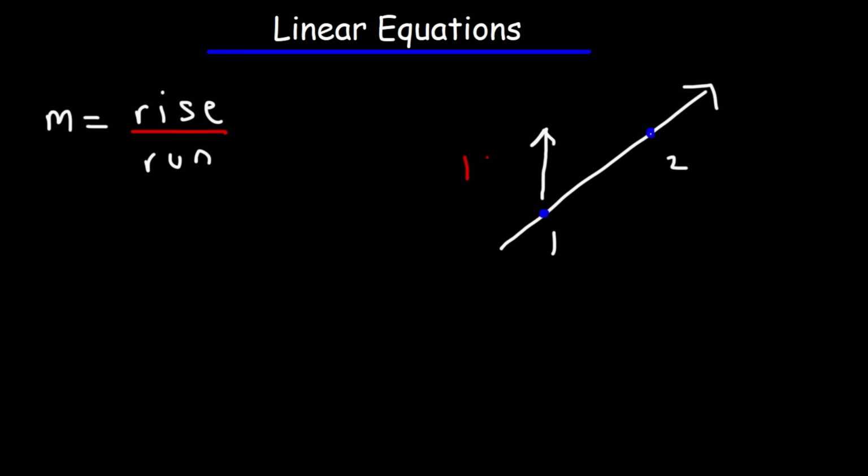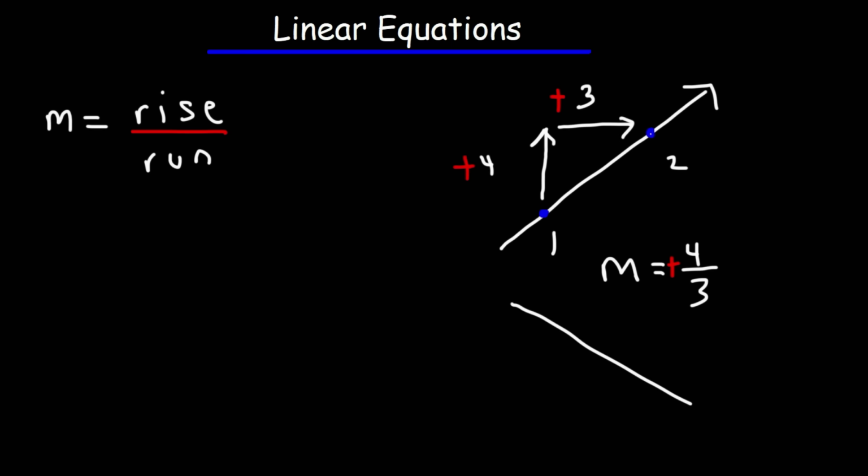This is not drawn to scale, by the way. This is just an illustration. So let's say you travel up 4 units, and then you travel 3 units to the right. So in this case, your rise is 4, your run is 3. So rise over run, the slope would be 4 over 3. And because the line is going up, the slope is going to be positive.